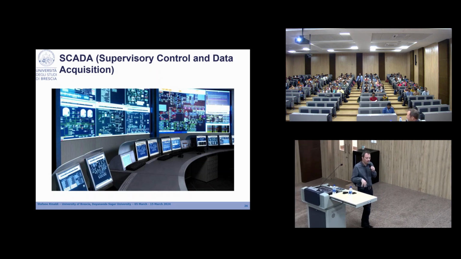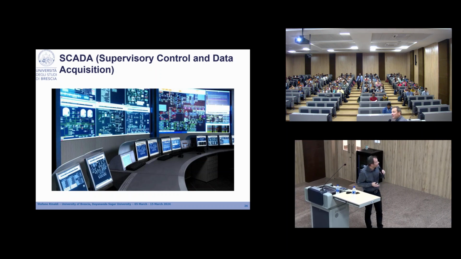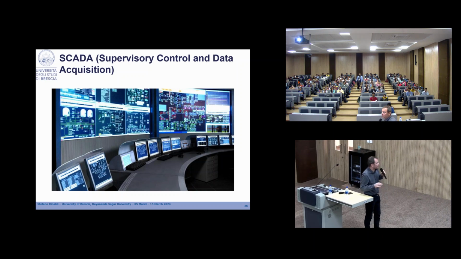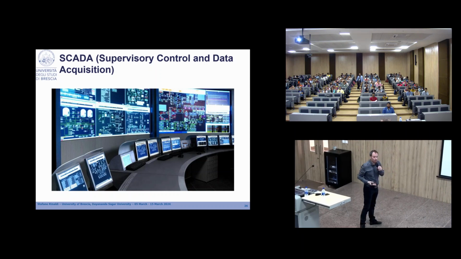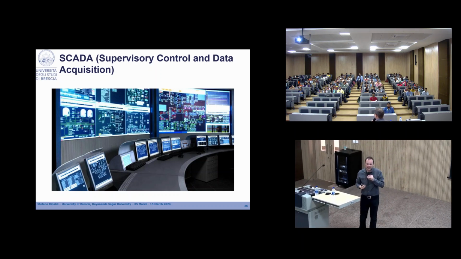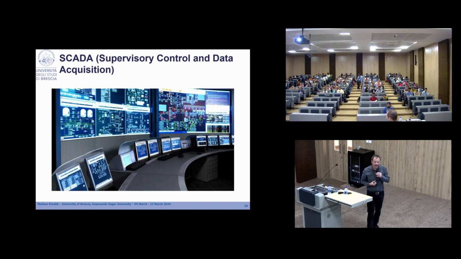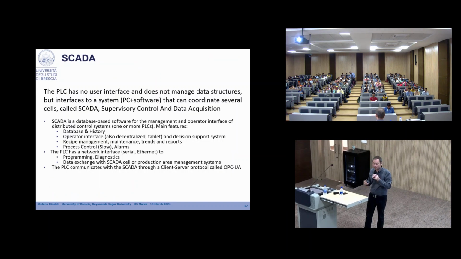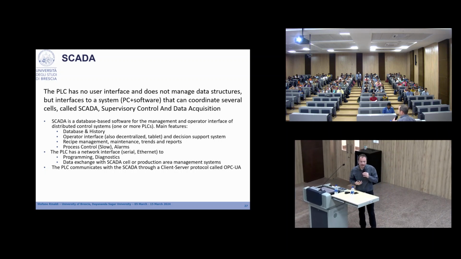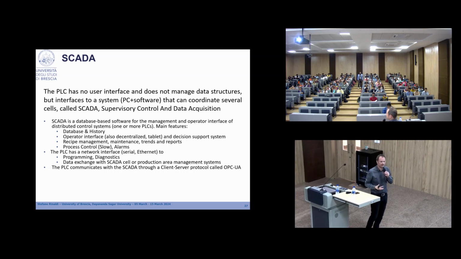Now, focus on a higher level, the SCADA, the supervisory control and data acquisition system. Basically, probably you have already seen some picture like this one. The SCADA basically is the supervision system of a typical industrial plant, and it is used to provide an HMI interface to the industrial plants.